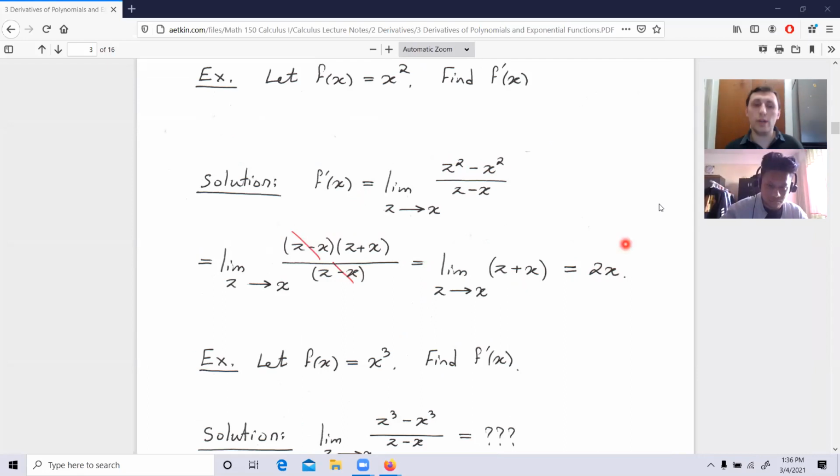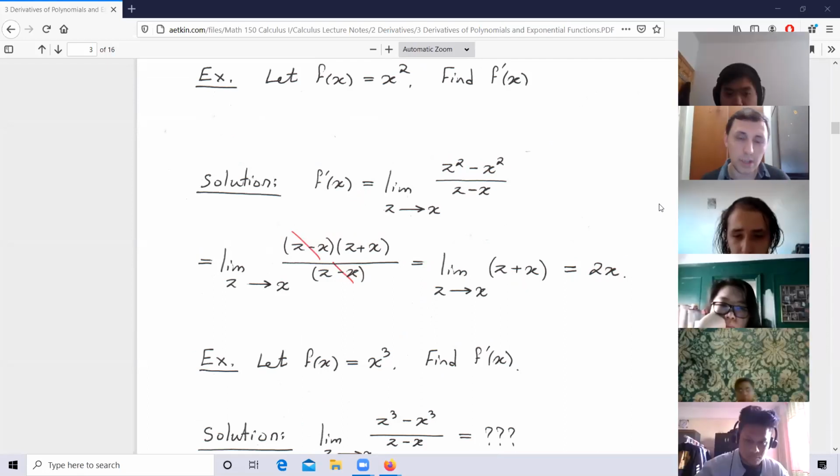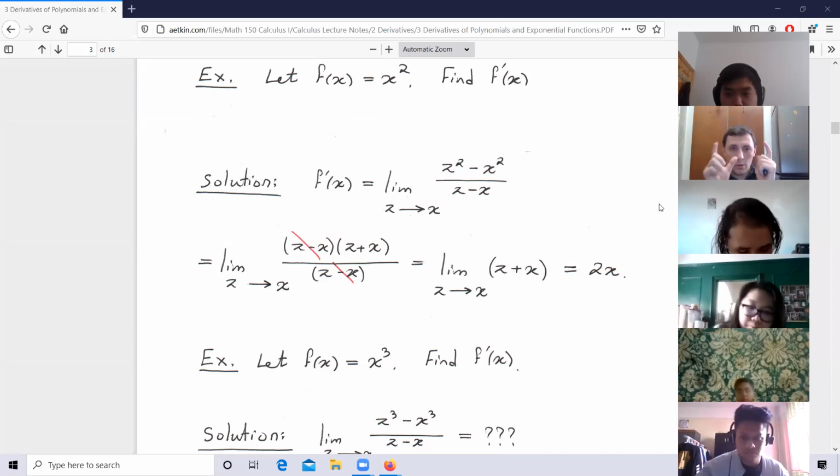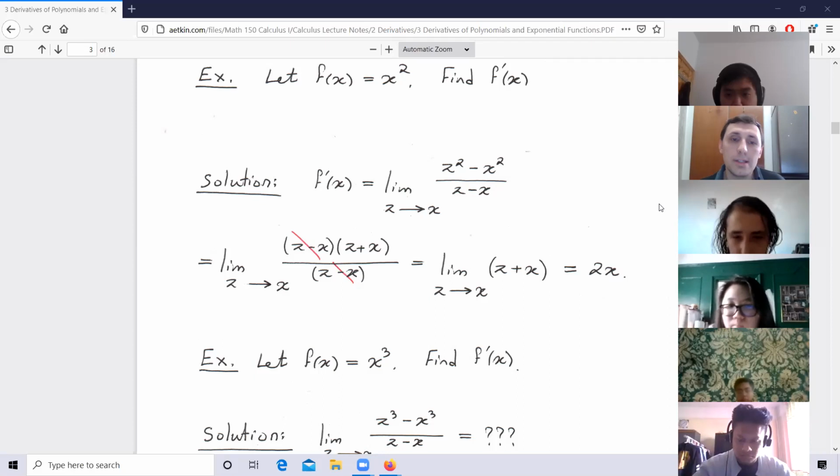Do you understand what 2x means, guys? It means that if I have a graph where the second coordinate is the square of the first coordinate, then the slope at any point that has horizontal coordinate x is twice that horizontal coordinate. I could say the sentence without ever mentioning x.